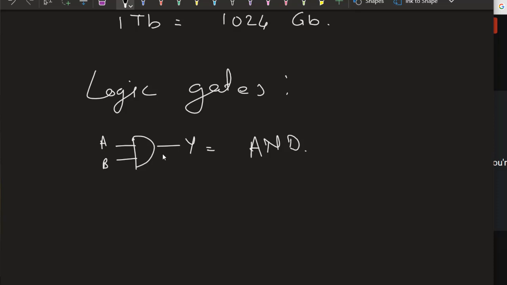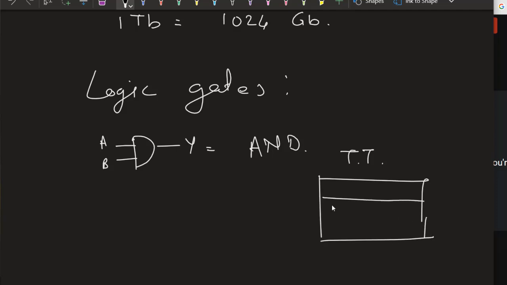Very nice. So I'm going to draw the truth table for this AND gate. It has a truth table of something like this. Say A, B, and Y is the output.